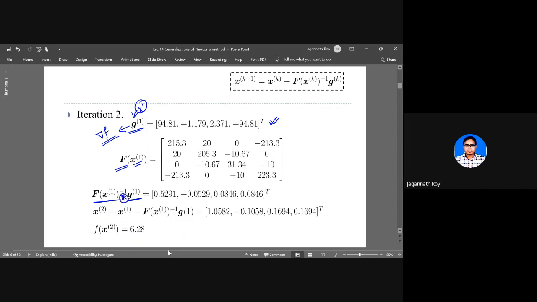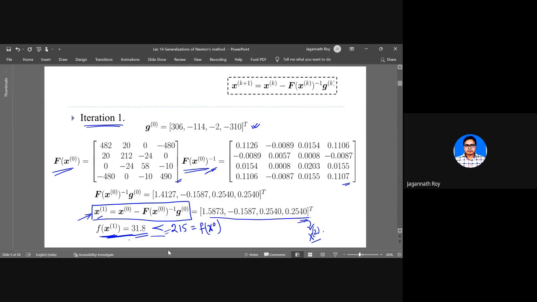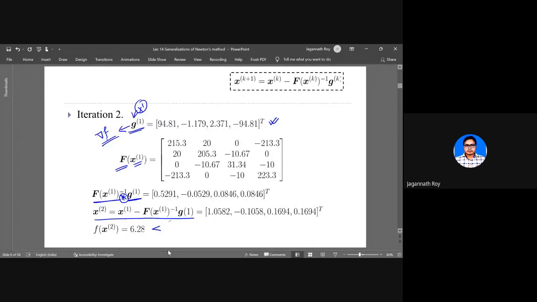After that we find x2: x2 equals x1 minus this form. Again we are getting a better value, compared to 31.8, which is f of x1. So we are going in the right direction because f of x2 is less than f of x1.